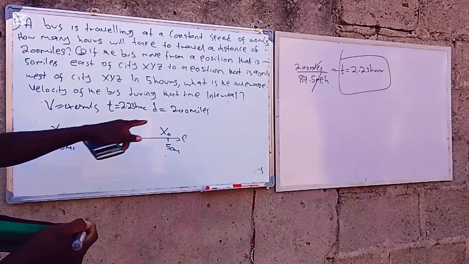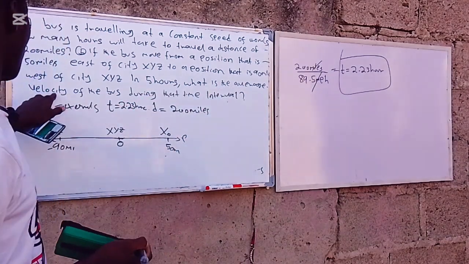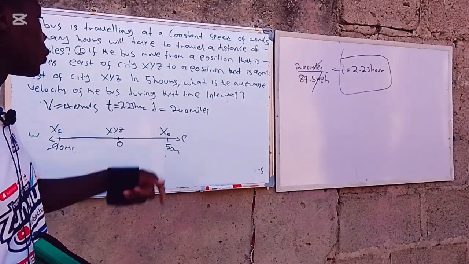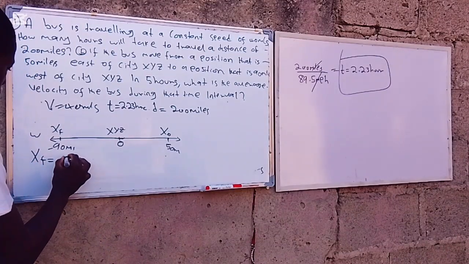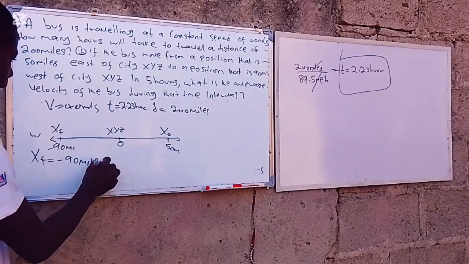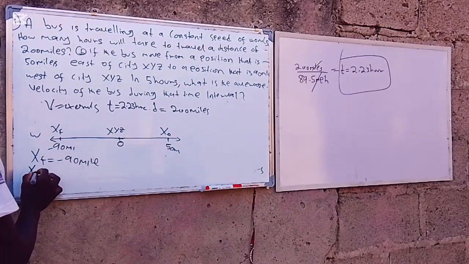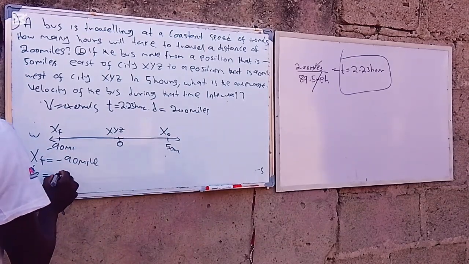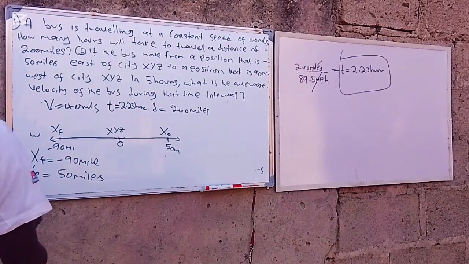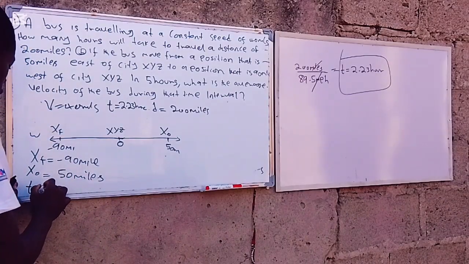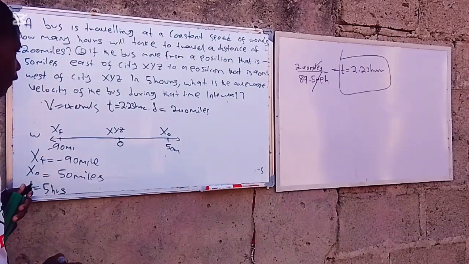So we are asked to find the average velocity of the bus during that time. I have to take a look at my final, which is negative 90 miles, and the initial, which is 50 miles, and also the time, which is 5 hours.